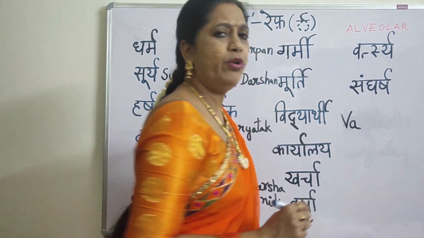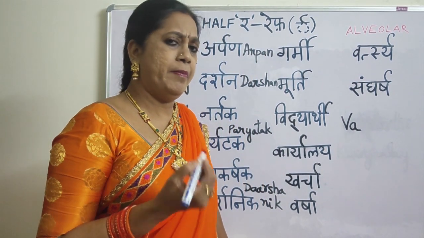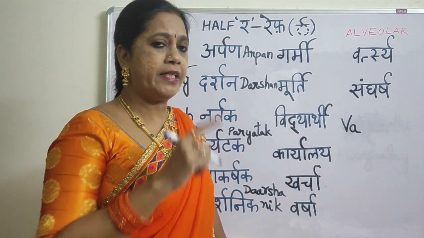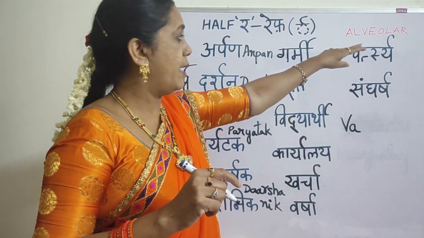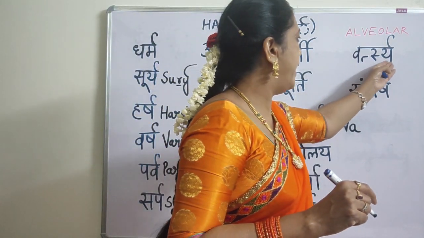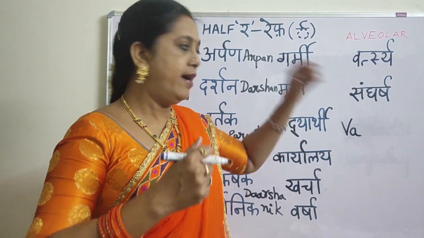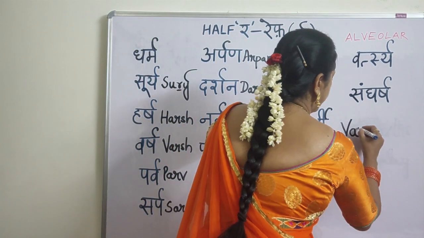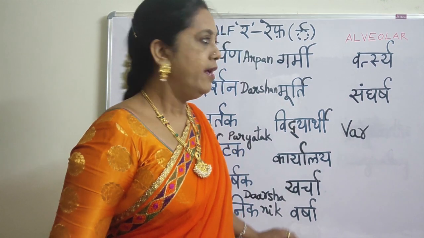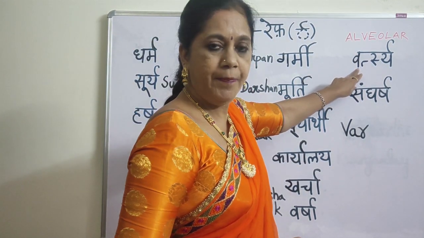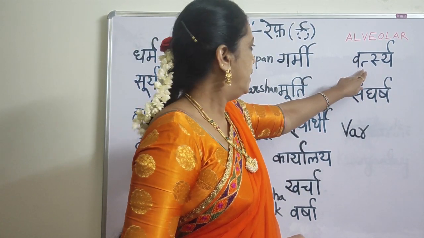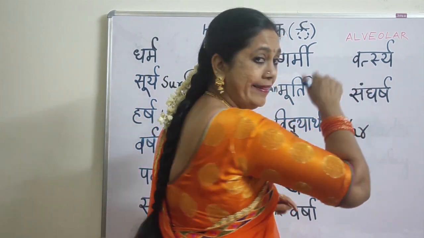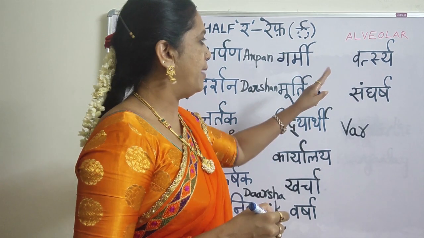Now, for that, how you should understand is, va. Maybe you can guess where that R sound will come. That R, the ref, comes at the end. Now, in this word, where will that R sound come? See here. It comes here, immediately after the consonant, before the half letter.